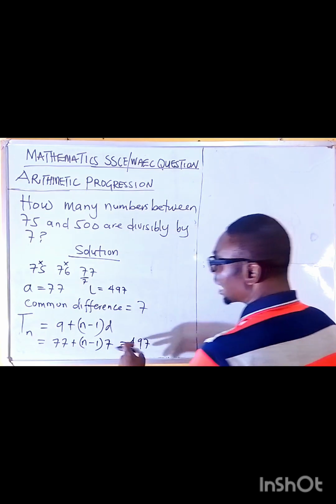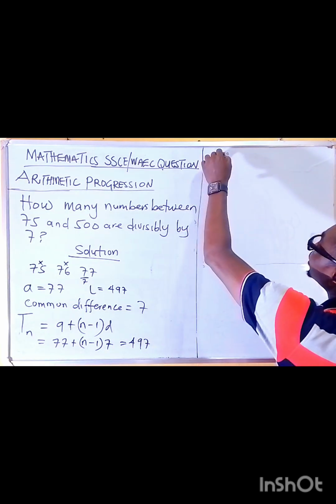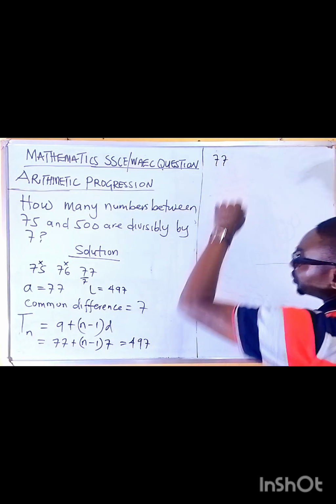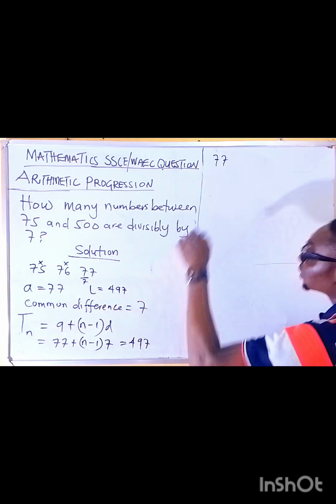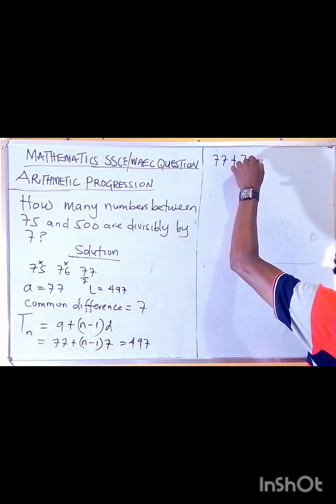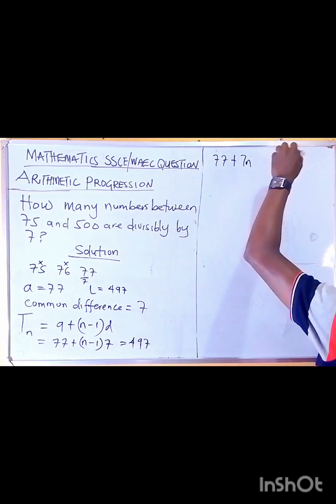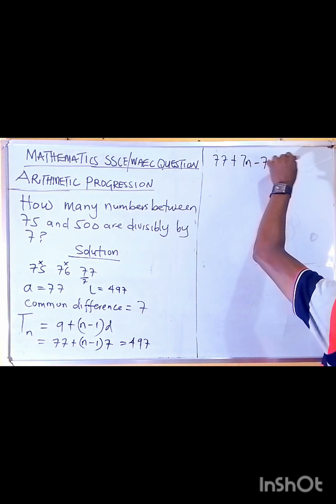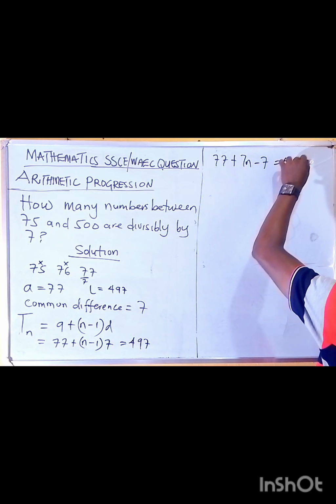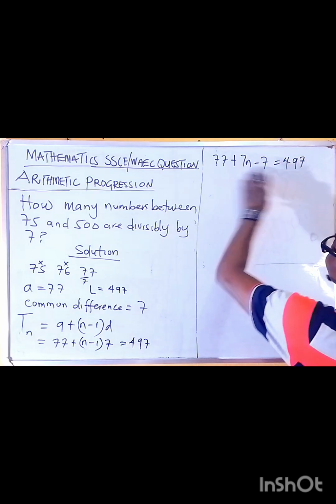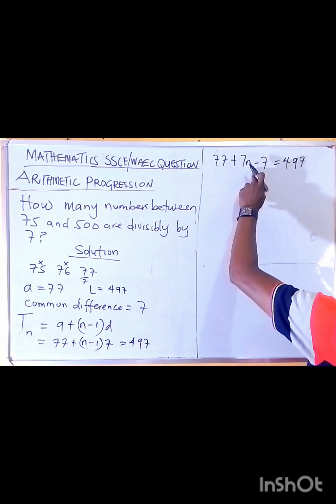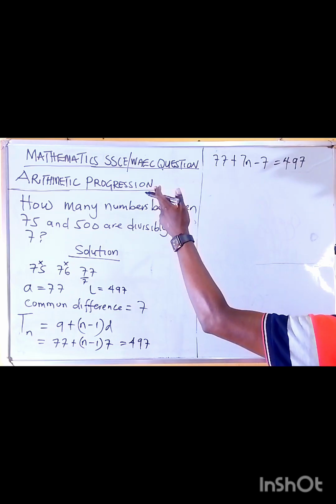So at this point, I can open up the bracket. So I now have 77 plus 7n, that is, if I open this bracket, minus 7 is equal to 497. I can simplify this now. 77 minus 7 is 70.